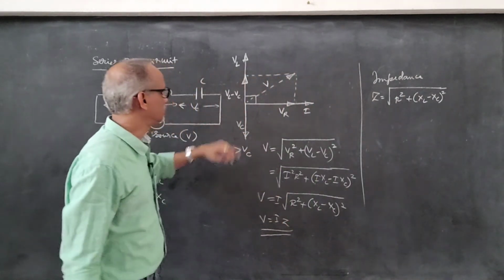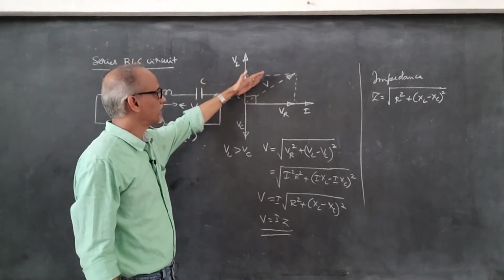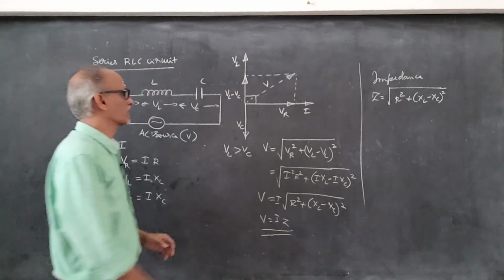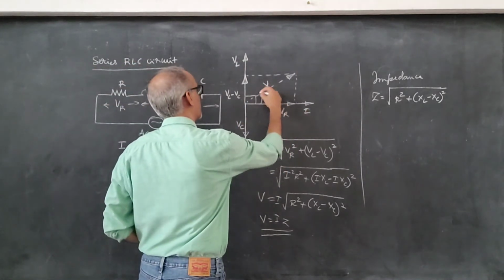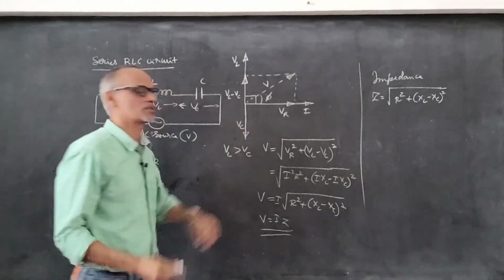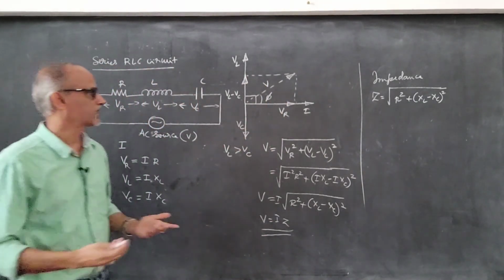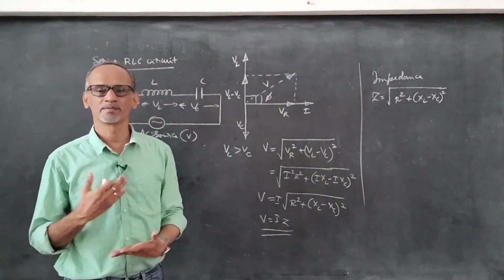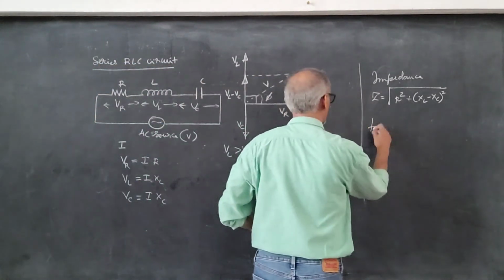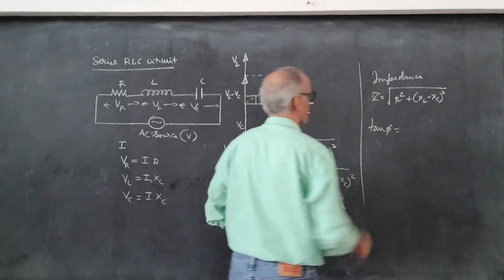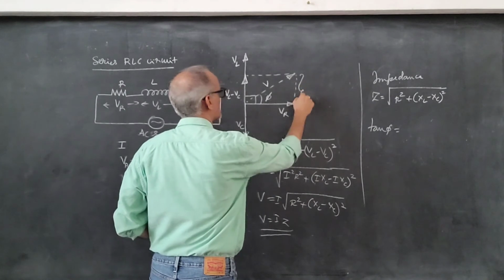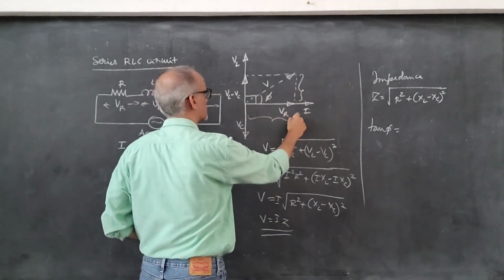Now in this diagram, the effective voltage, which we also call the RMS voltage, is here, and the current is here, and they make an angle phi, which is called the phase difference. We can calculate this using cos phi, sin phi or tan phi. The commonly used format is tan phi. Tan phi is equal to opposite by adjacent.